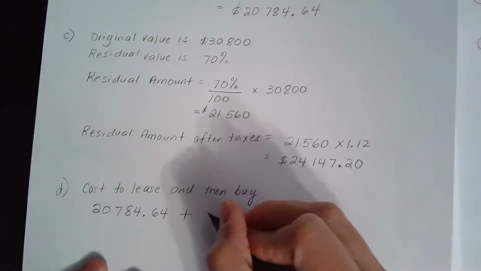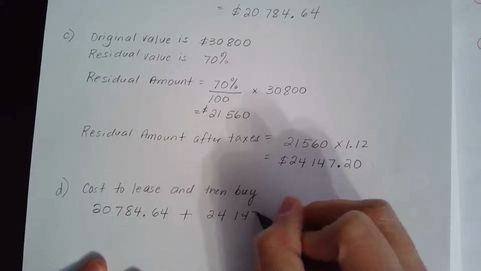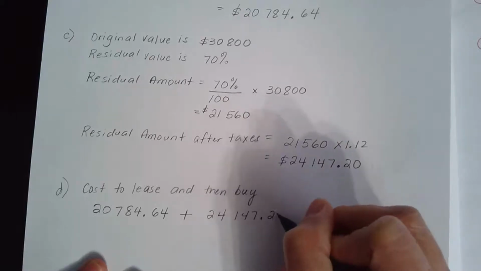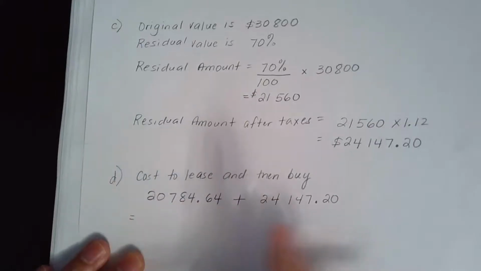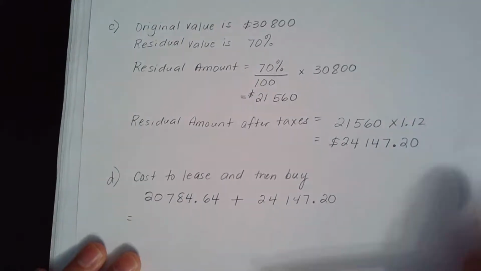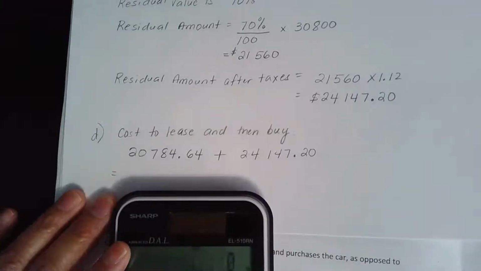$24,147.20. Okay, that one's easy. We just add those two numbers up. So let's go ahead and give it a try. 20,784.64.